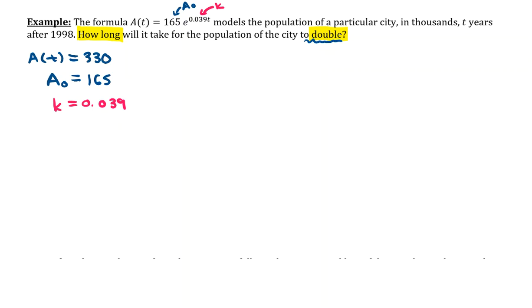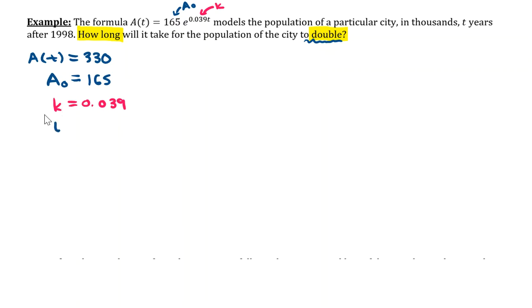So since the value of k is greater than 0, or in other words, positive, we are working with an uninhibited growth scenario in this problem. If you converted the value of k to a percent, it works out to be 3.9%. And the idea there is that as each year goes on, the population of the city increases by 3.9%.